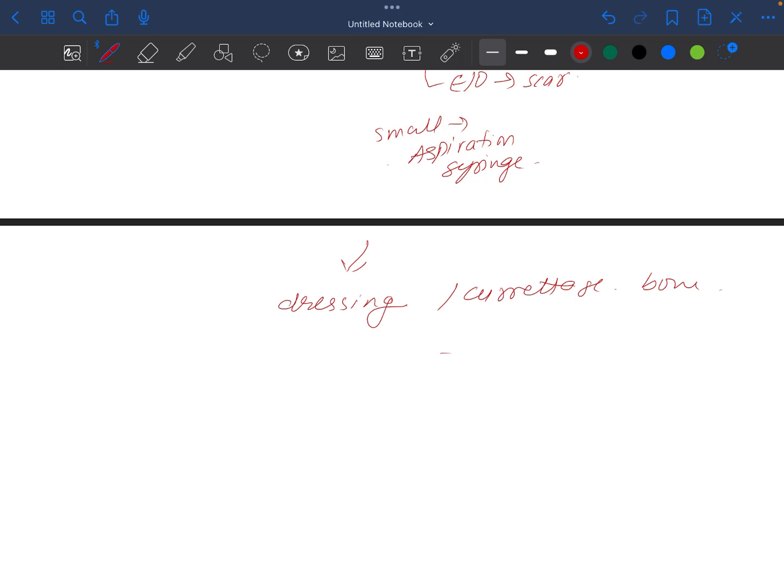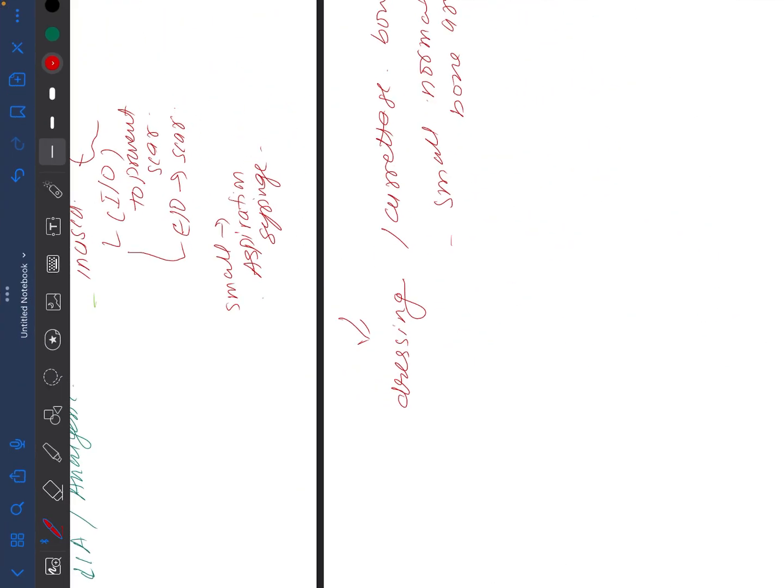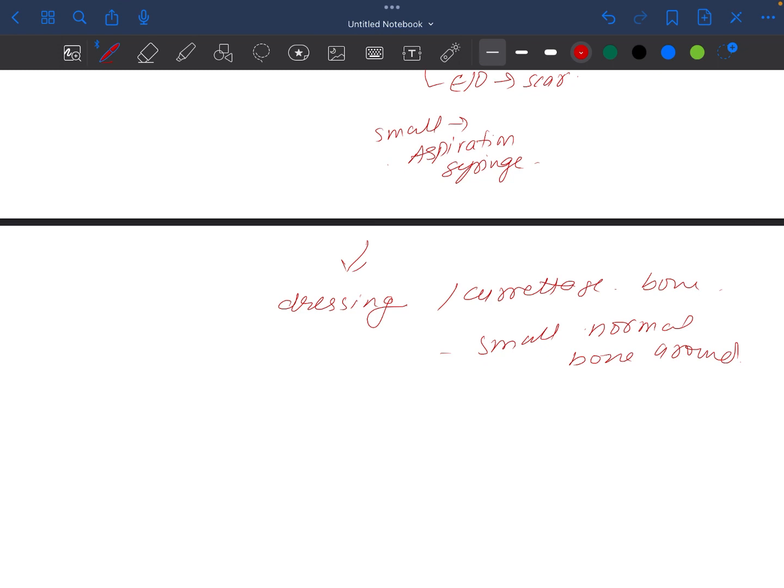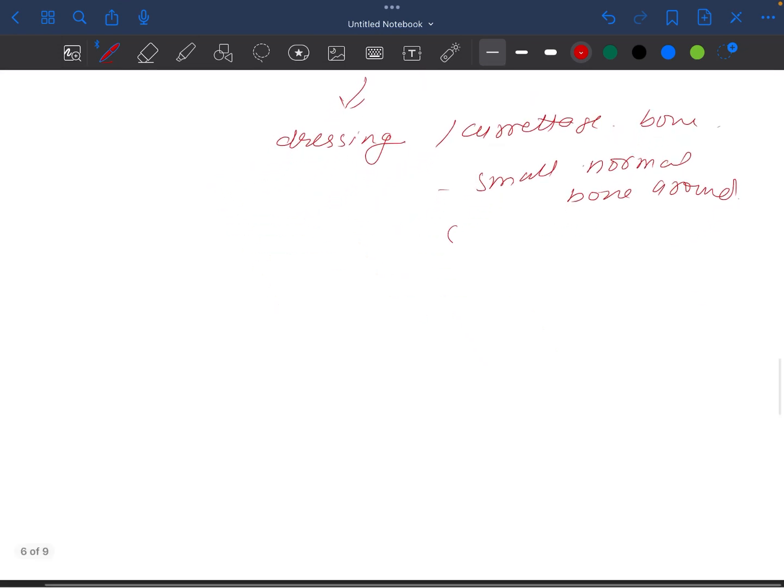I personally suggest you remove a small amount of normal bone also, normal bone around the lesion, so that there is nothing involving it, to prevent bacterial penetration in the bone.